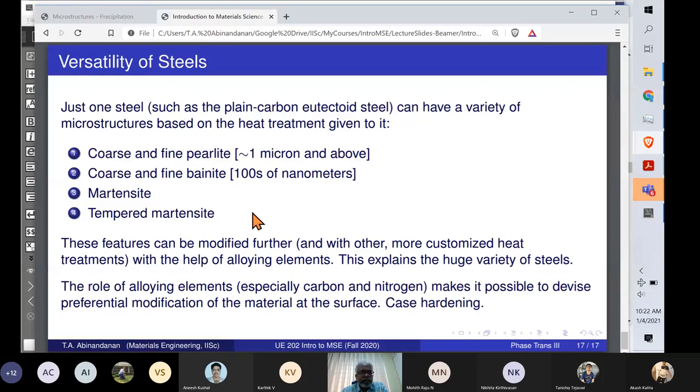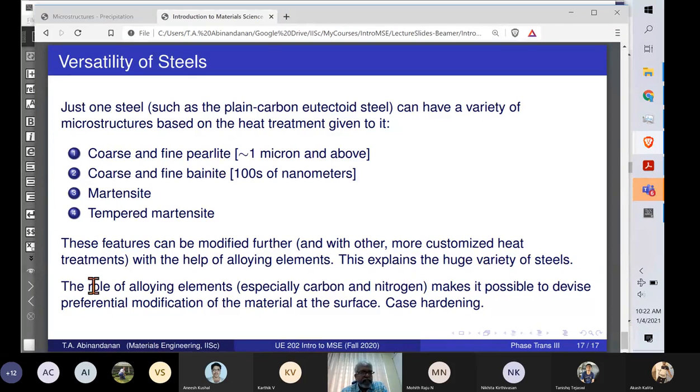And when you temper them, you basically precipitate out carbides. And all these features can be further modified, and you can also introduce more customized heat treatments that become possible with the help of alloying elements. And this explains the huge variety of steels.